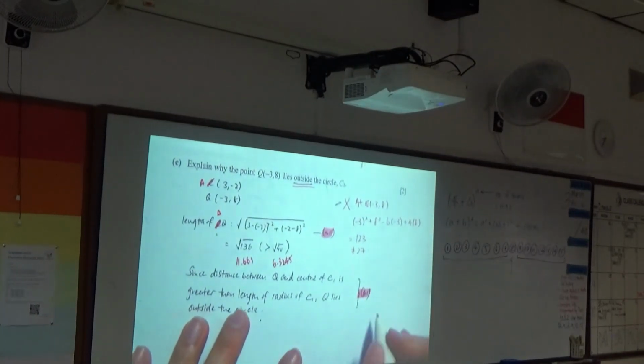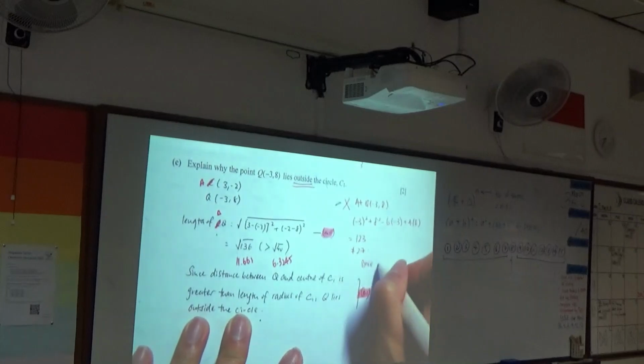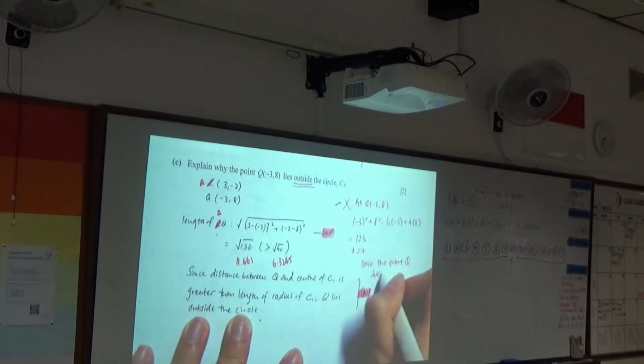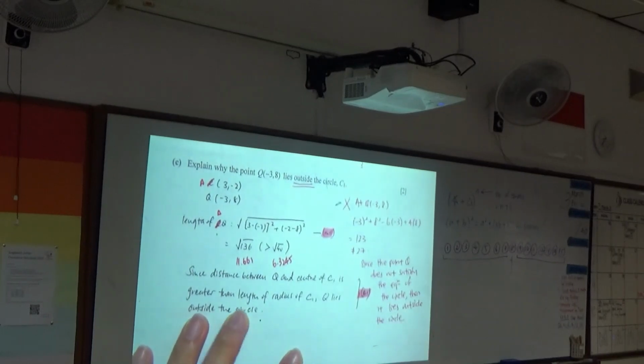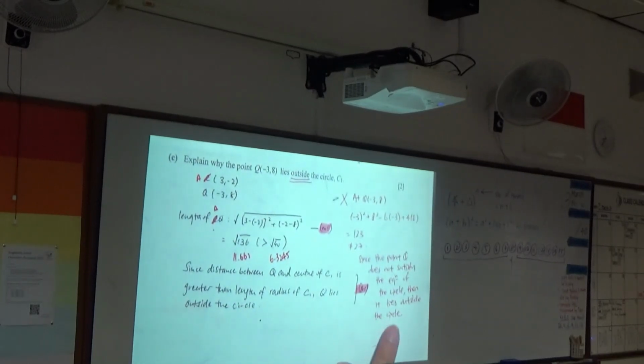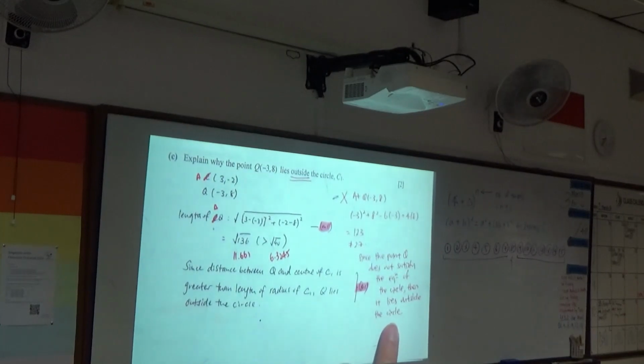And then you went on to explain that since the point Q does not satisfy the equation of the circle, it lies outside of the circle. Okay, so yeah, this is not an acceptable explanation.